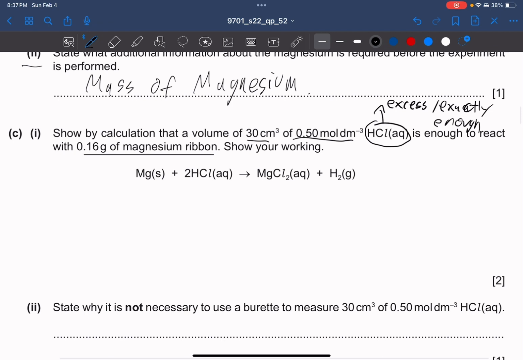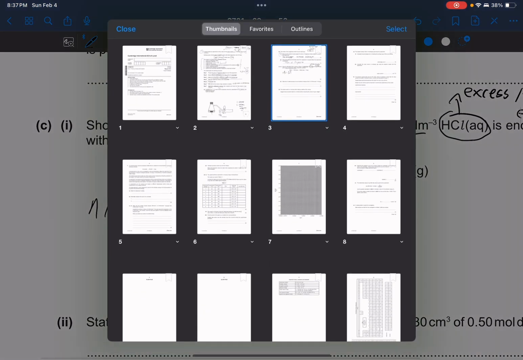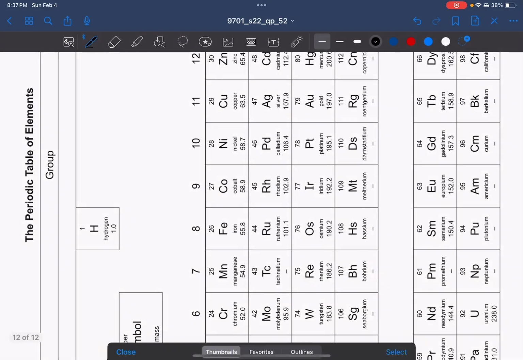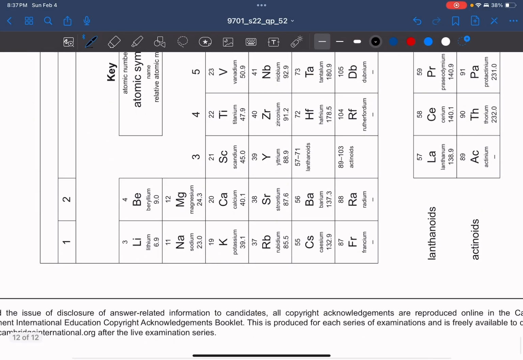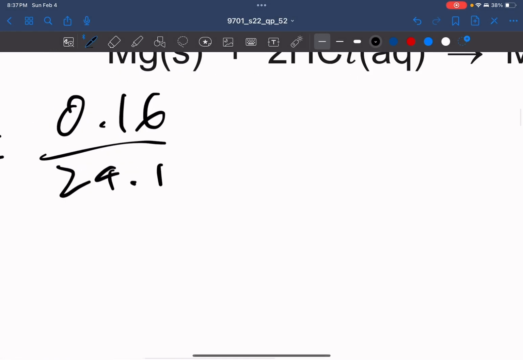From just looking at the question, it probably seems that it might be in excess, but we're going to test it anyways. So I think it's best to find the moles of Mg first. That's just our mass over Mr. And if I'm not mistaken, the mass of Mg is 24.1. Sorry, it's 24.3. So we're going to fix that.